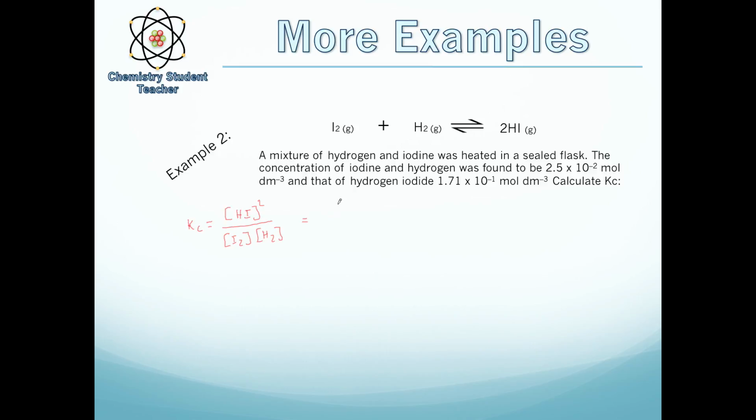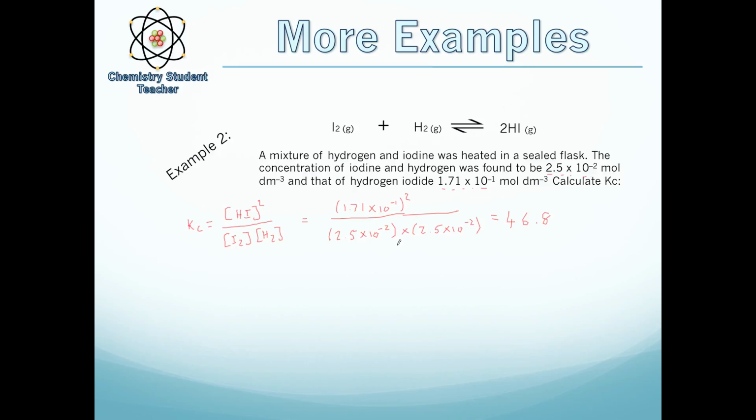So when we put values in there, we have 1.71 times 10 to the minus 1 squared, as it just says that value here, over 2.5 times 10 to the minus 2 times by 2.5 times 10 to the minus 2, and that value is stated here in the question. So when you put that in your calculator, you'll get a value of 46.8.